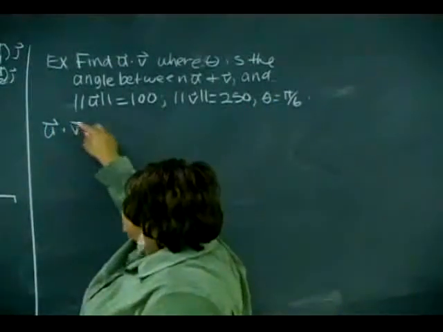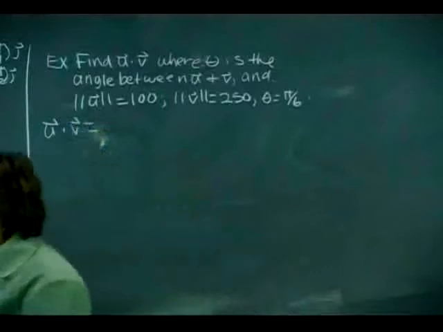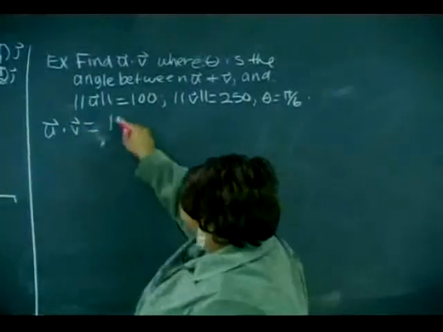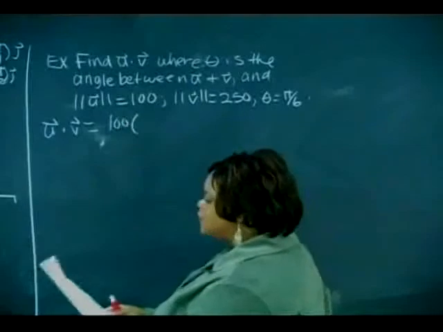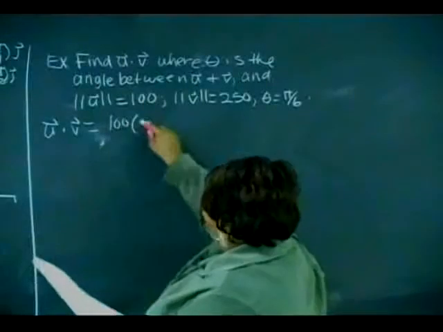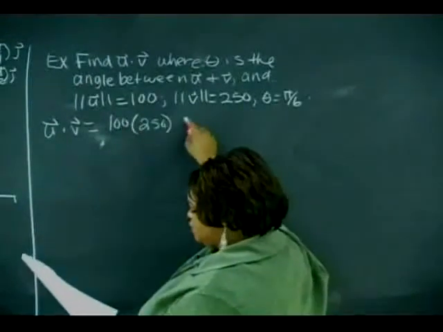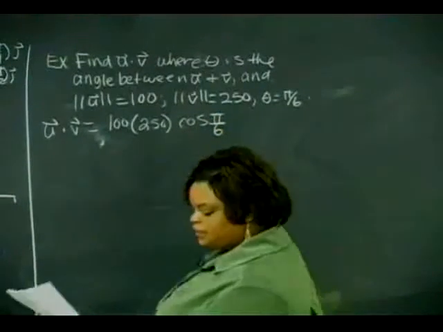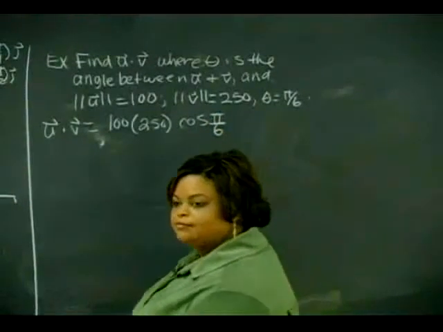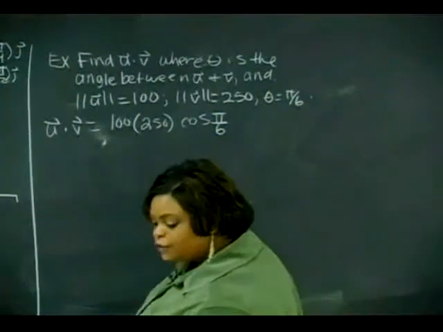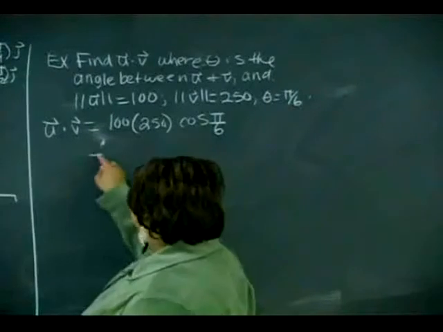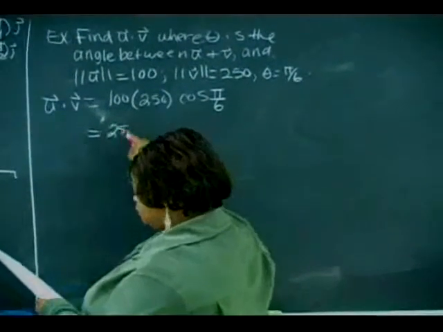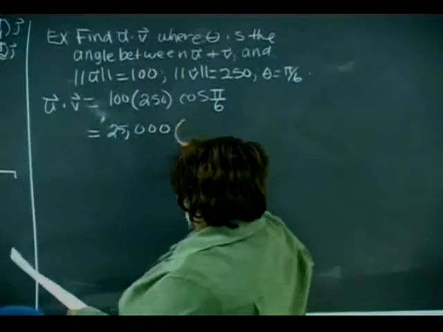U dot v by this formula is what? The length of u, which is 100, the length of v, which is 250, times cosine pi over 6. So you can get cosine pi over 6 off your unit circle. 100 times 250 is 25,000.